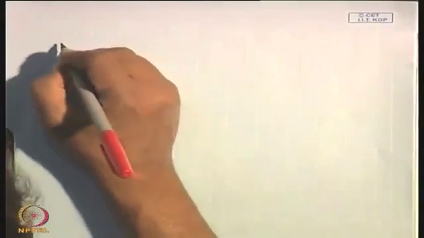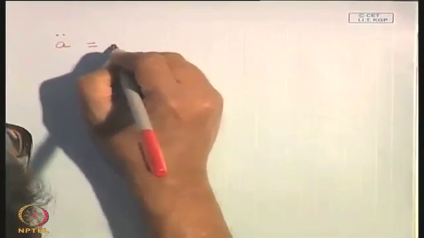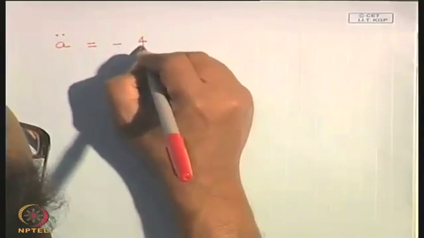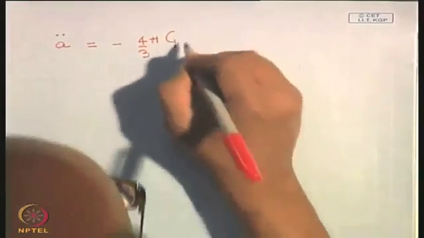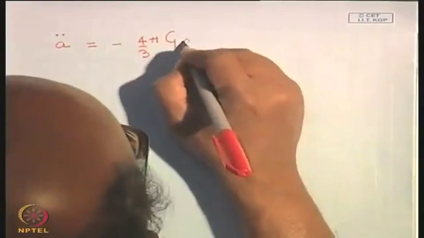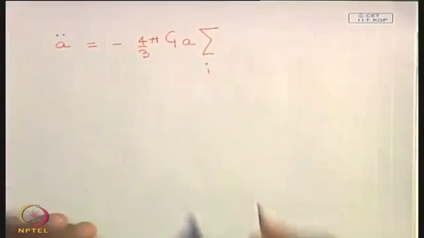So let me write down the equation. The equation is a double dot is equal to minus 4/3 pi G, then into a, into the contribution from all the components in the universe.